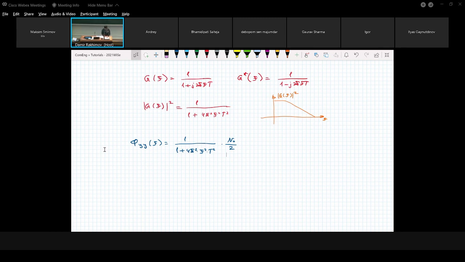First, we need to represent this cutoff frequency as a function of the parameters. And then we represent the RMS value as a function of this cutoff frequency. We have two steps. First of all, let's analyze the cutoff frequency.